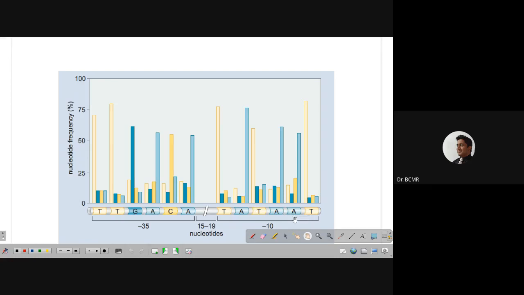In the second position in the -10 region, you can see that about 60% of them or so have A. About 10 or 15 or 20% have, there should be a key somewhere.